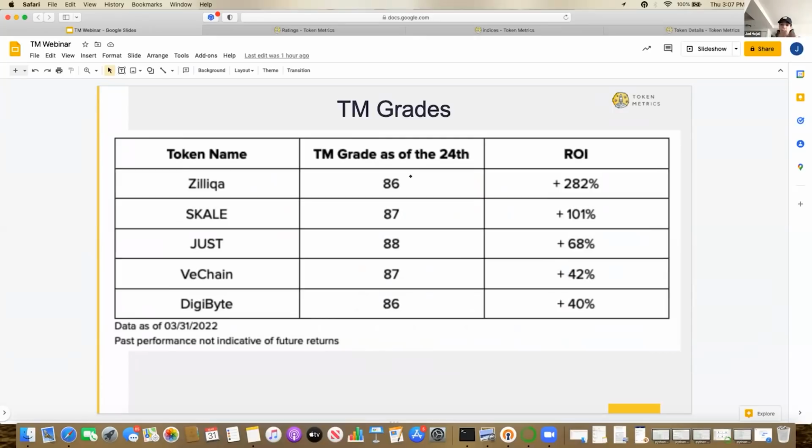And the ROI up to today has been 282%. And as you can see, this TM grade works well for large cap coins like VeChain or Zilliqa, but also smaller cap coins. So that's just an example of the performance over the past week of very high graded coins and how they performed all the way up to today.